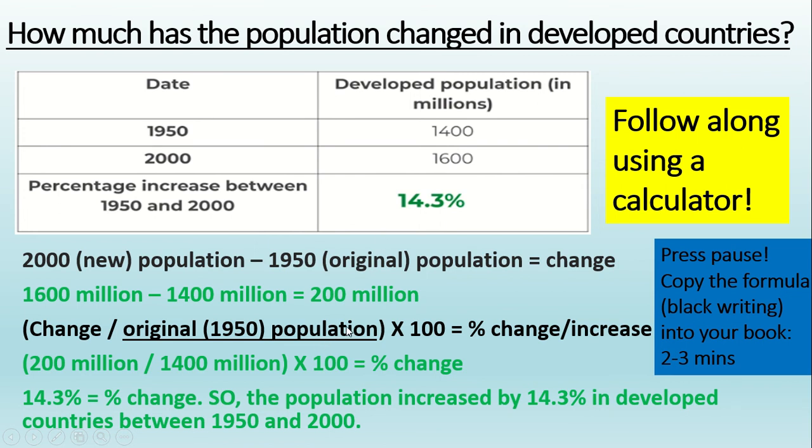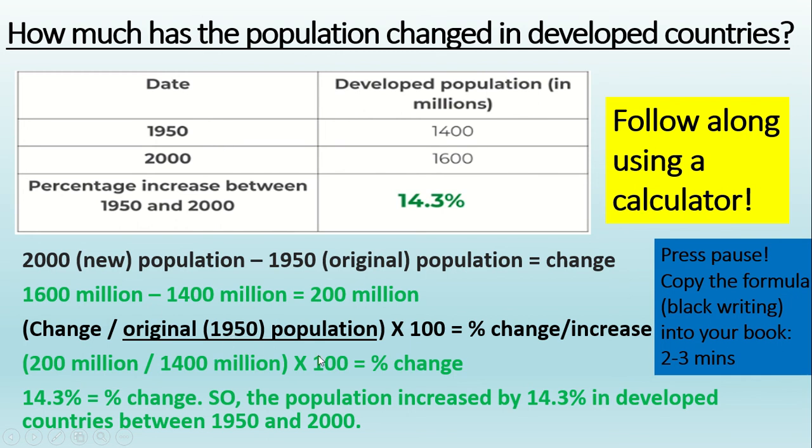Once we've got the answer to that, we then times it by 100 to make it into a percentage, and then we have our percentage increase. There we have our answer. So the sum is going to be, remember if it's in brackets, you always do that sum first. We're going to divide 200 million, which is our population change, by 1400 million, which is our original population from 1950.